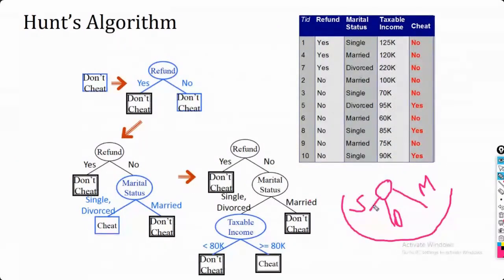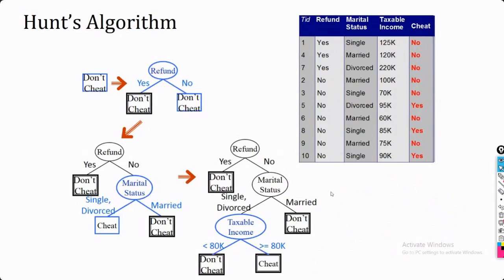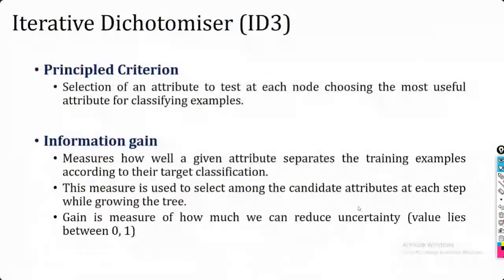The same I can also divide in terms of binary splitting, and in that case you can take any combination. Here I have taken single and divorced as one side, and married as the other side. Whatever kind of data you have, you can explore whether you want to go for binary splitting or multi-way splitting. If you're not specifying, and it's a multi-valued attribute, then it is going to work as a multi-way splitting.